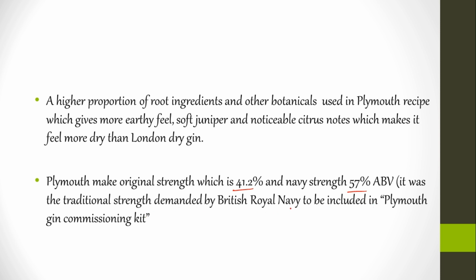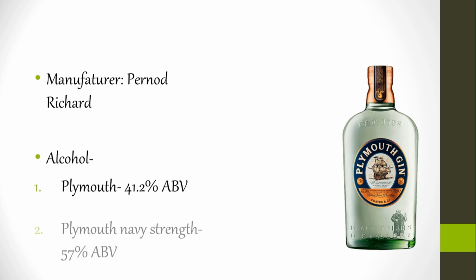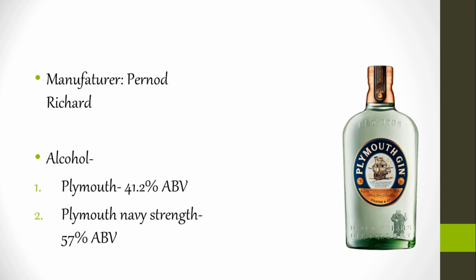So the British Royal Navy demanded this type of high proof gin to be given as a commissioning kit, as a welcome kit to their navy officers. So they especially made this gin for them. The manufacturer is Pernod Ricard, and there are two alcohol percentages: 41.2%, which is regular Plymouth, and Plymouth Navy Strength, which is 57% ABV.